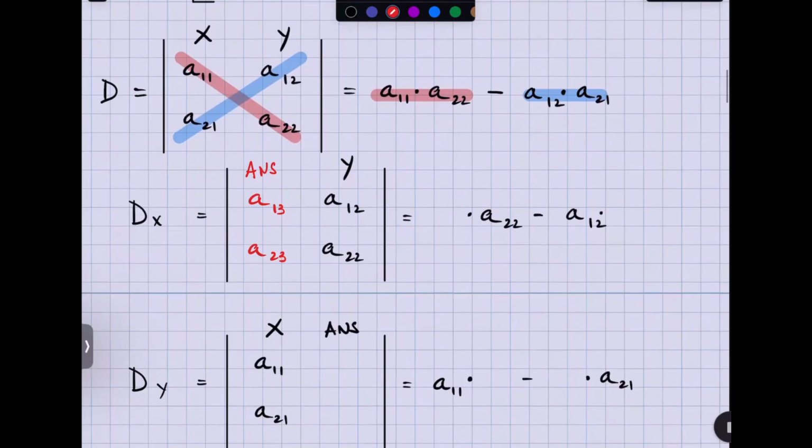So this is going to be A13 times A22 minus A12 times A23. Same idea here, same idea as here. And for Dy, we're going to replace the y column with the answers.